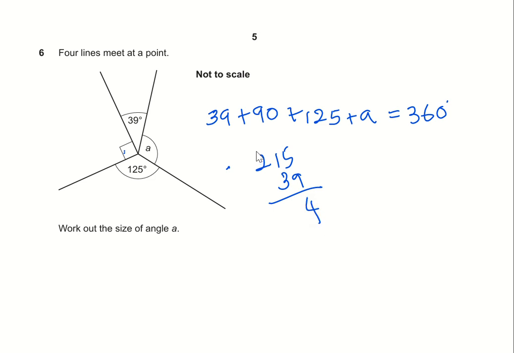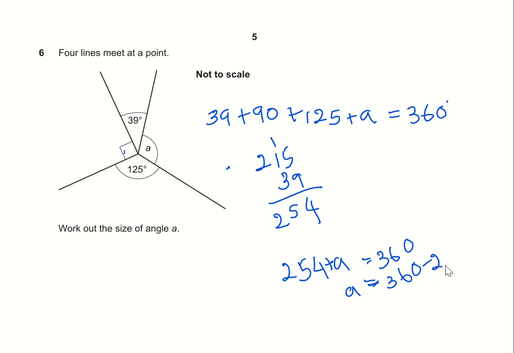So you get 4, 1 here, so 4 and 5, and then 254. So then you can write 254 add A equals 360. A equals, if you take away 254 from both sides, you will get 360 take away 254.